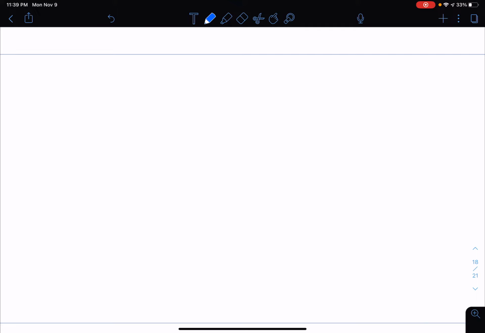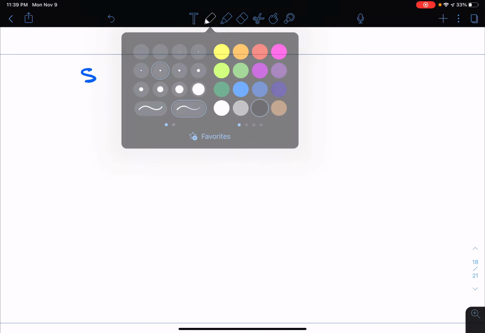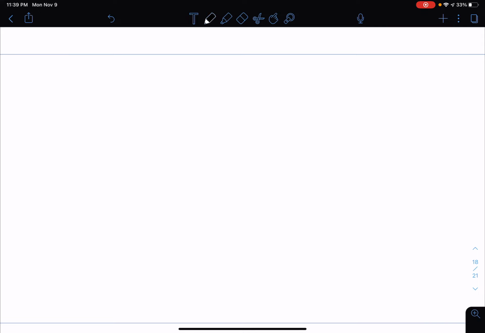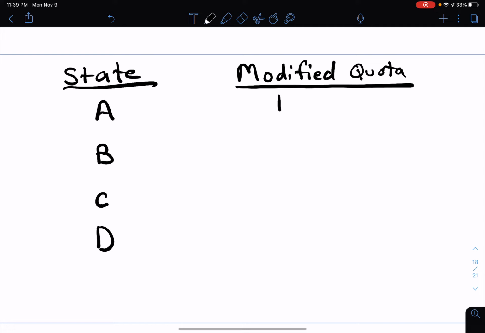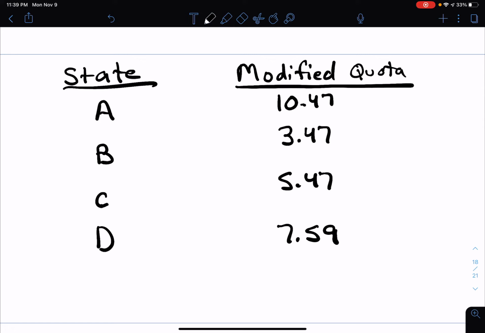Okay, so let's say we have states A, B, C, and D. And these states had modified quotas of 10.47, 3.47, 5.47, and 7.59. Okay, then we need to decide to round using the Huntington Hill method. That's the requirement.